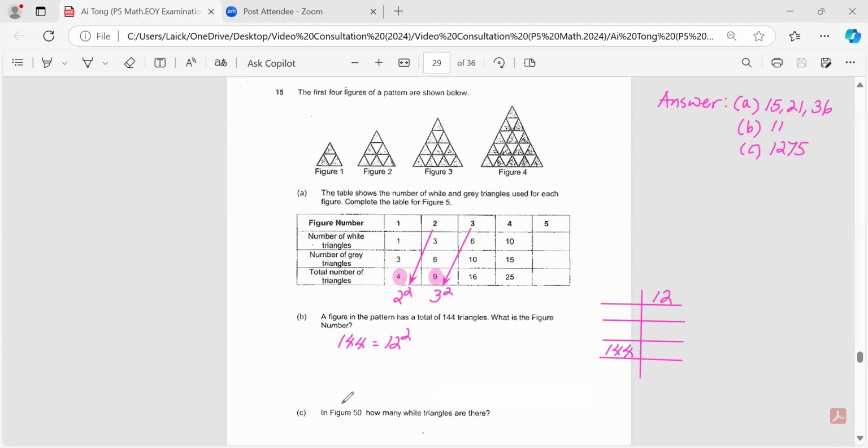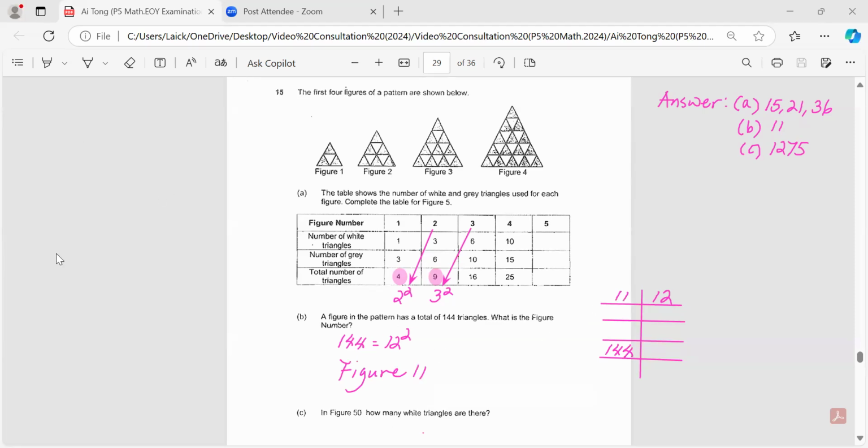So here we are asked, what's the figure number? So that would be 11. So I'm actually answering part B. I missed part A. Never mind, we'll go back to that. Figure 11.